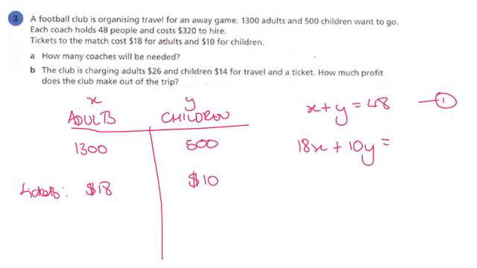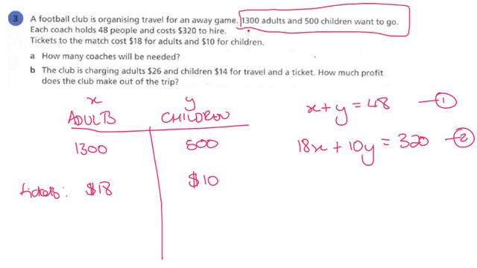And each coach will cost $320 to hire. So that will be 320. That will be the second equation. We're going to come back to this because this is how many adults and children want to go.